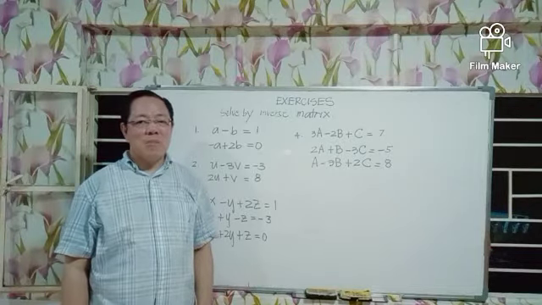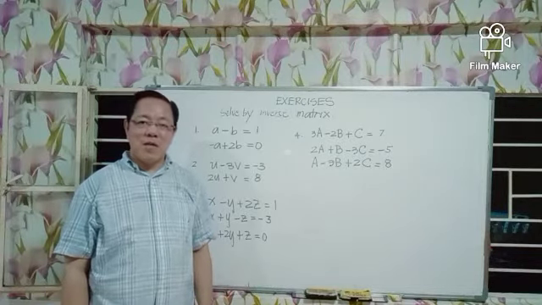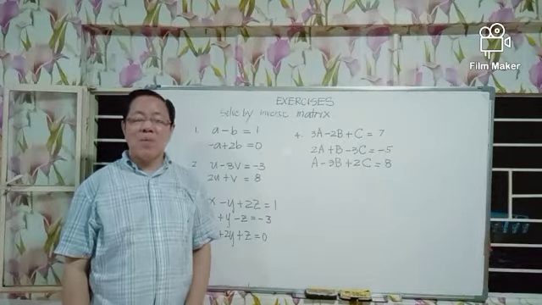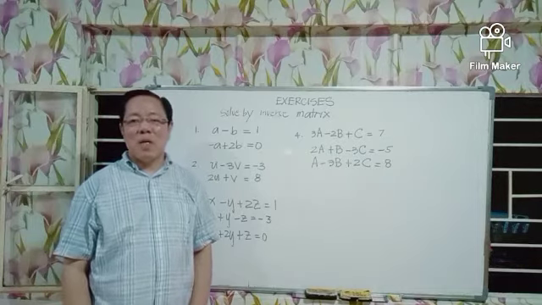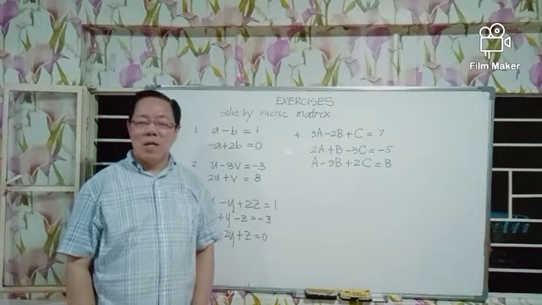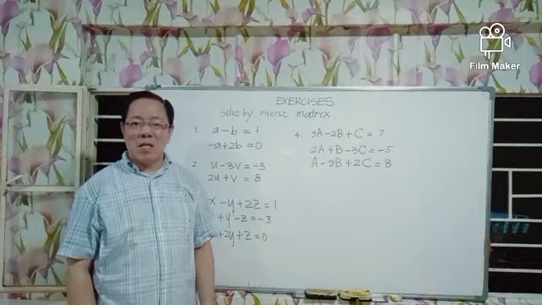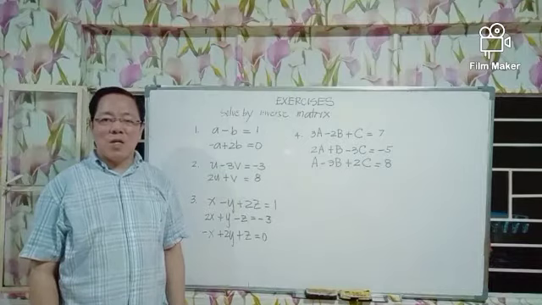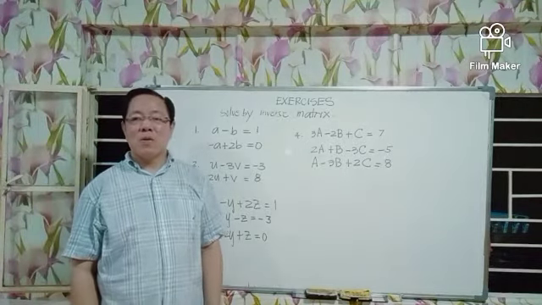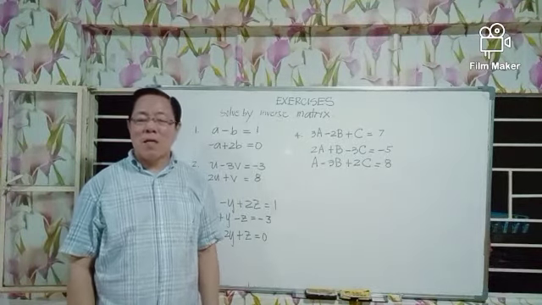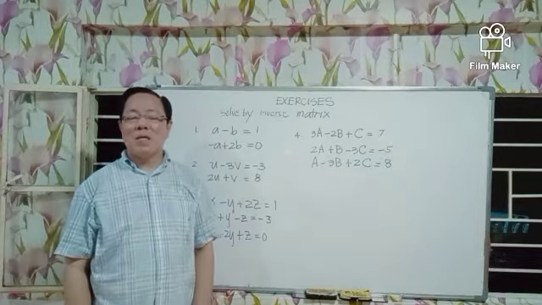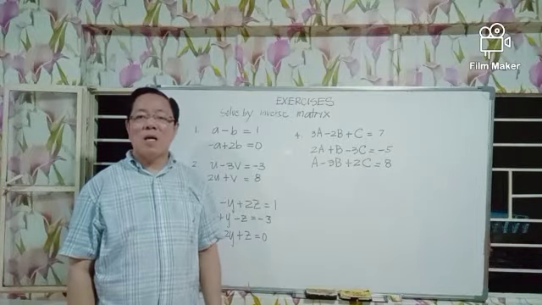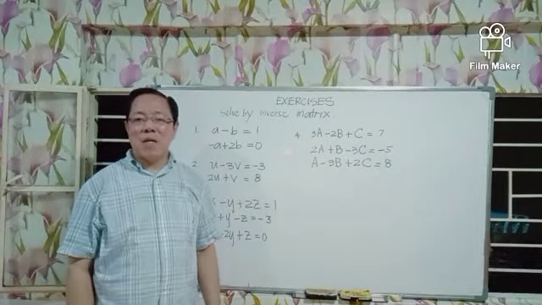And before you get the inverse of the matrix, you check first if the determinant of the matrix whose entries are the coefficients of the variables is not equal to 0. If the determinant is 0, you stop and you conclude that the inverse does not exist and the system cannot be solved by using matrix inverse. And that's the time that you will apply a different method.